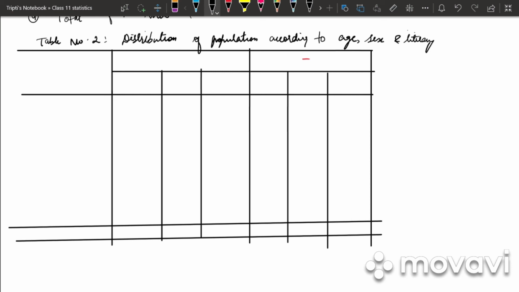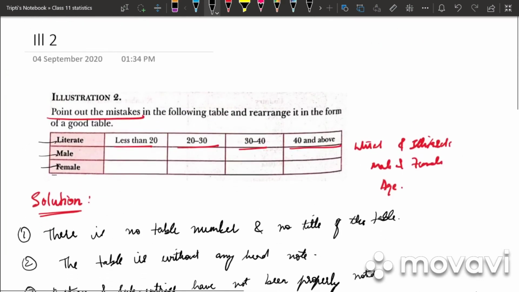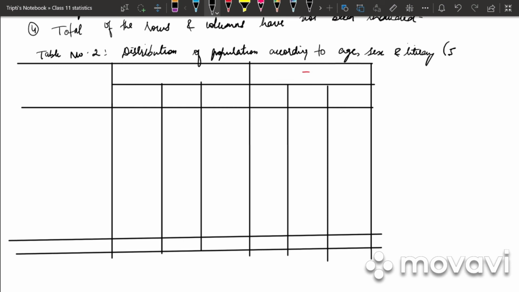So this table will be divided according to age, sex and literacy. And as it is population, in bracket we'll be writing in lakhs. So this is our head note. This is our table number. This is the title of our table.